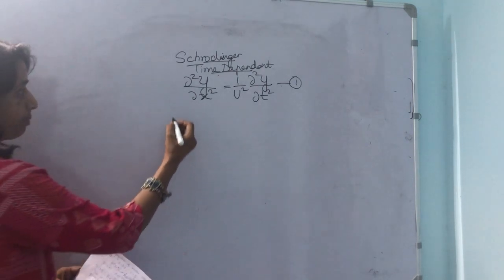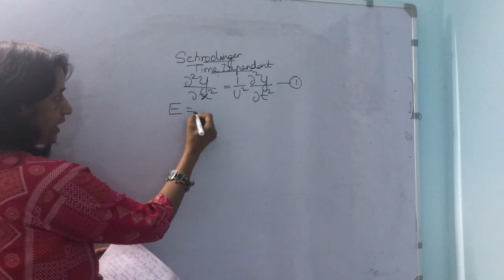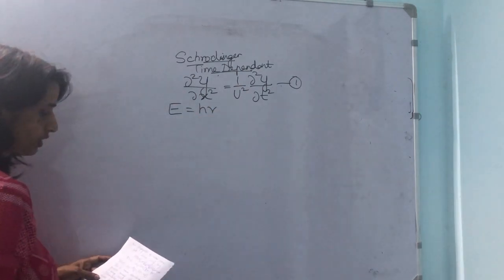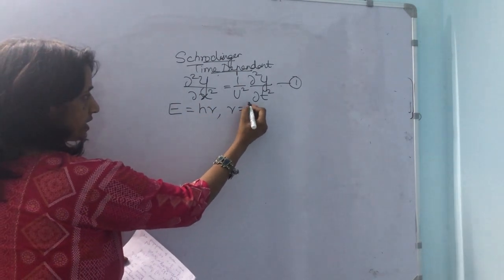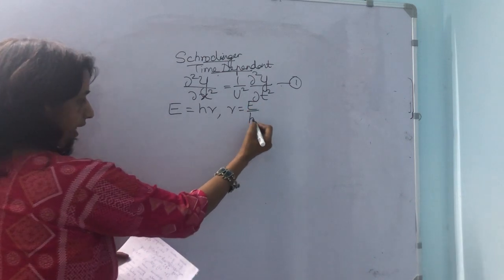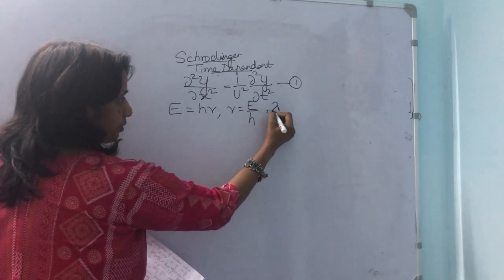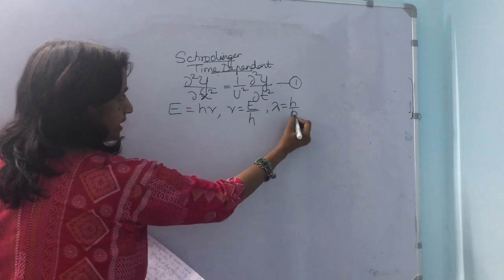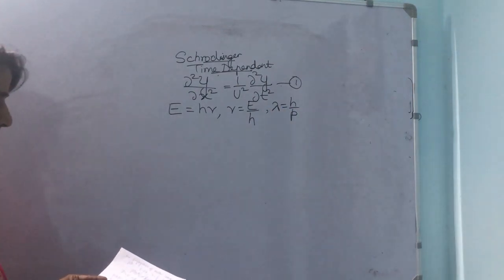Now for propagation of matter waves, E is equal to h mu, so mu is equal to E upon h, and de Broglie says lambda is equal to h upon p.